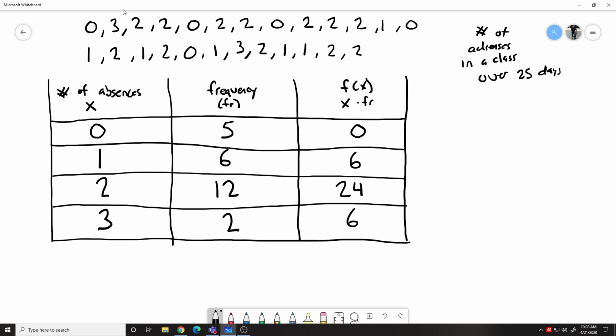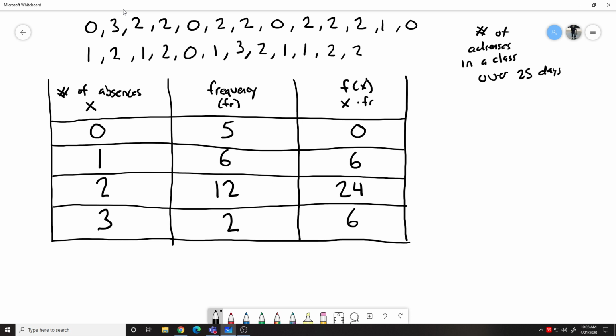This is very simplistic with the numbers I use, but try to imagine if we had a much bigger set of numbers. You would see that it becomes much easier to work with the data by putting it into a table like this than to work with it as a large data set. Let's see how this is useful.